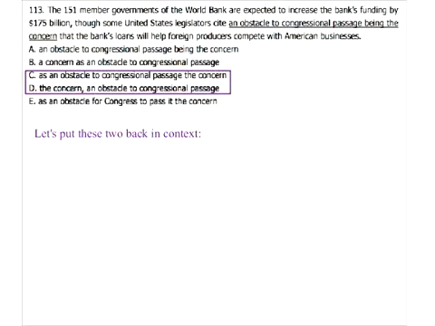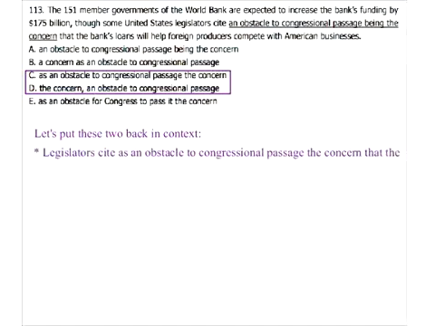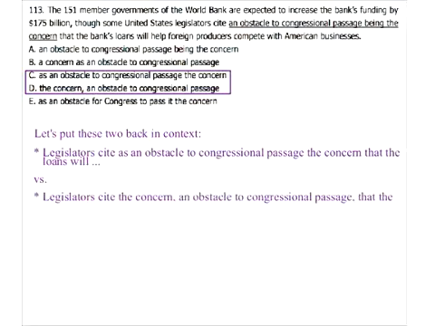So: legislators cite as an obstacle to congressional passage the concern that the loans will blah, blah, blah, versus: legislators cite the concern an obstacle to congressional passage that the loans will blah, blah, blah.